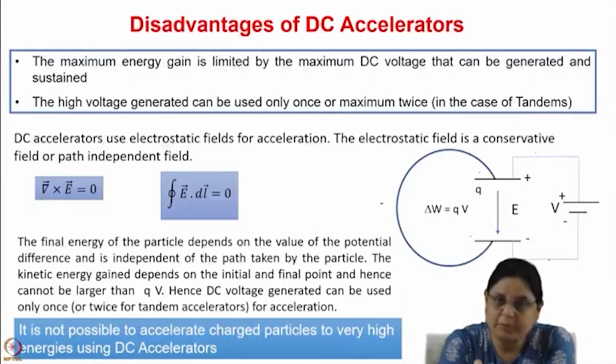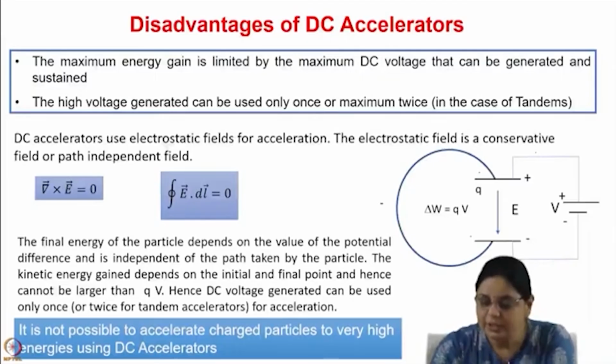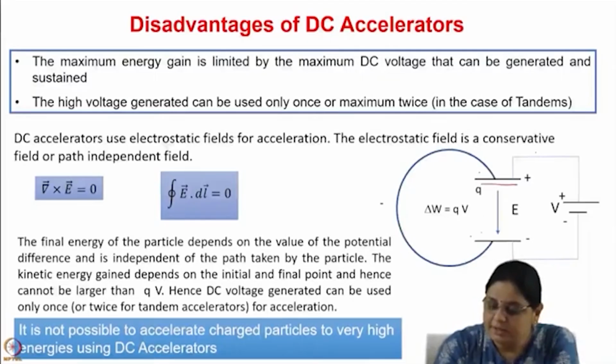Maximum you can go to maybe just about 20 to 30 million volts in a DC accelerator. Also, this high voltage generated, you cannot use it more than once or twice, as in the case of a tandem accelerator. You cannot use this voltage again and again. So it's not possible to have a circular DC accelerator. Let's say you've generated a DC voltage.